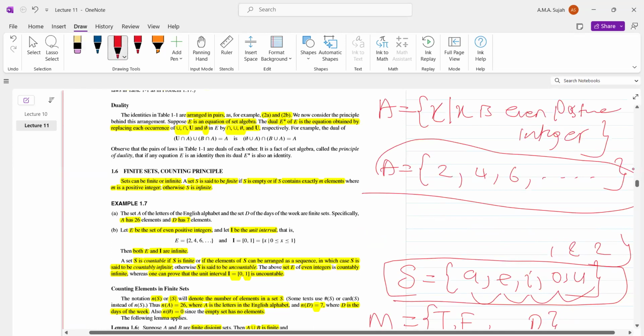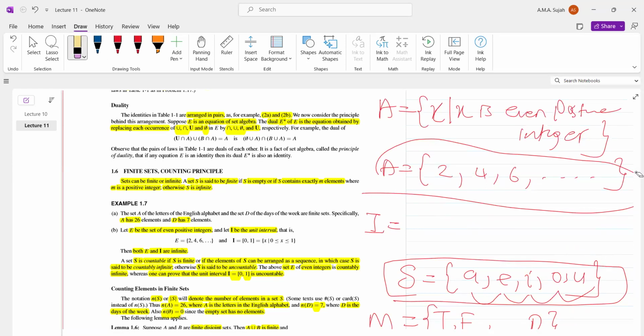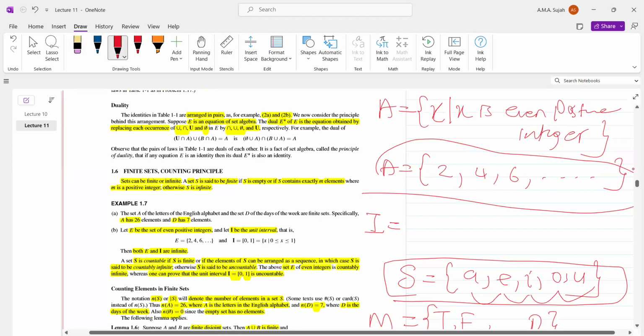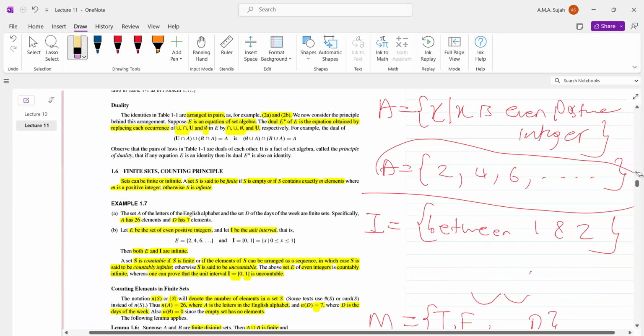Another example: I is a set, right? We need to find the intervals between 1 and 2, and it's up to your requirement.